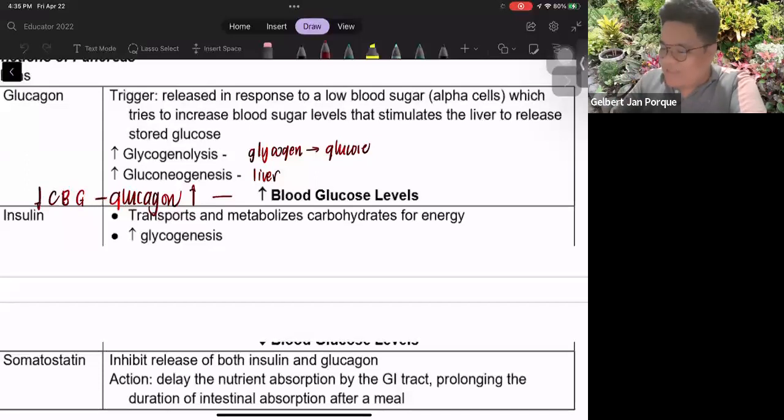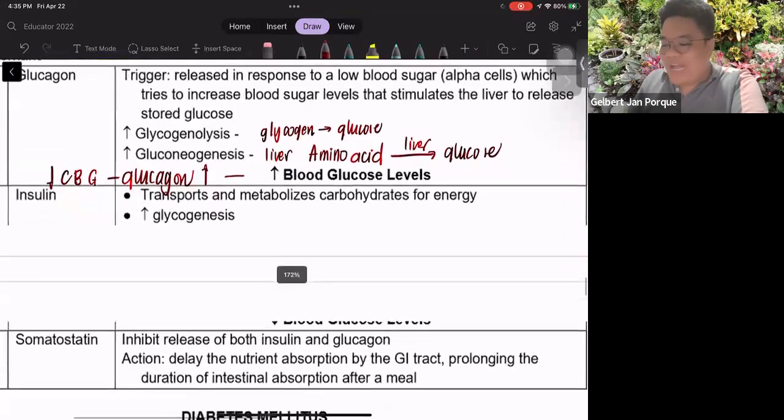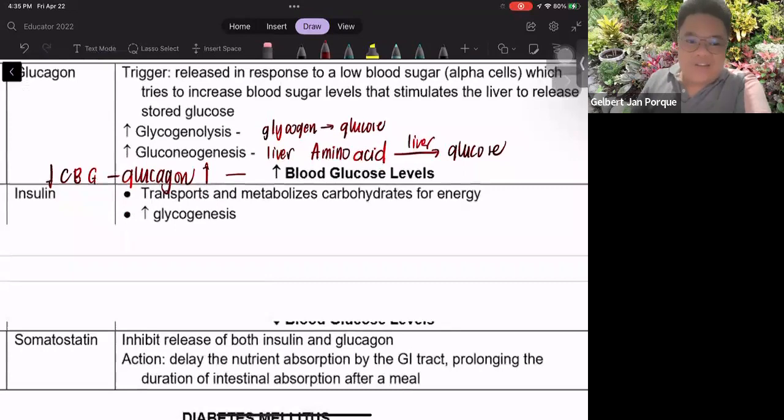Very good. Amino acid. Amino acid could actually be converted by your liver to become glucose. That would be coming from your protein. So in the case of gluconeogenesis, it is the use of your protein, basically your amino acid, to be a source of glucose. So again, the overall effect of glucagon is to increase the blood glucose levels.